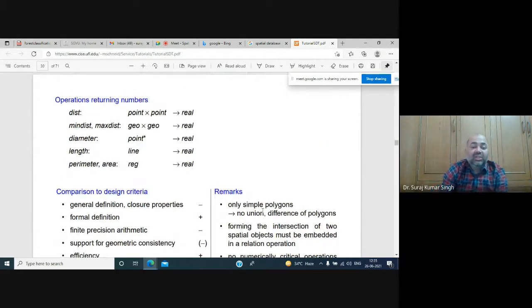So operations returning numbers, that is distance is point into point, that is a real. Then you have diameter point is a real, length line is a real, perimeter area region is a real.